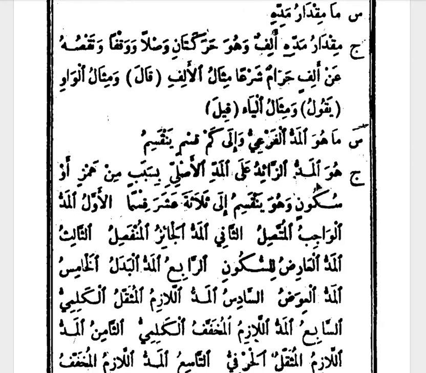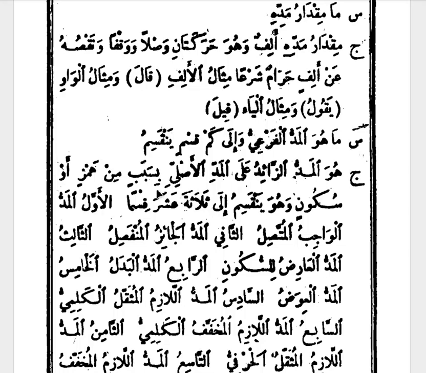So they said, ما هو المد الفرعي وإلى كم قسم ينقسم. Maddul far'i is called secondary madda. They said, what is the secondary madda, and into how many categories is it divided? They said, هو المد الزائد على المد الأصلي بسبب من همزة أو سكون وهو ينقسم إلى 13 قسما.